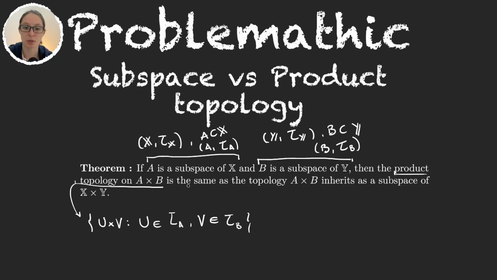And then it says that this topology is the same as the topology A times B inherits as a subspace of X times Y.